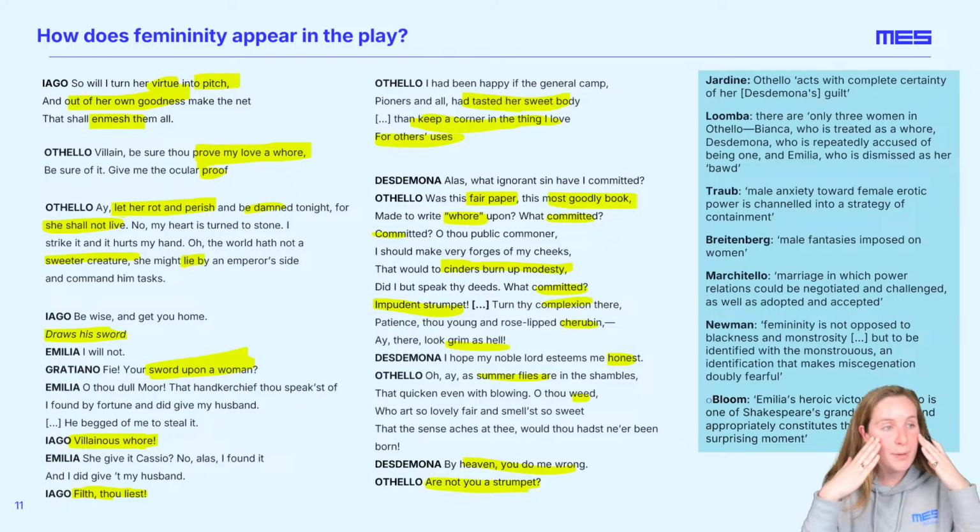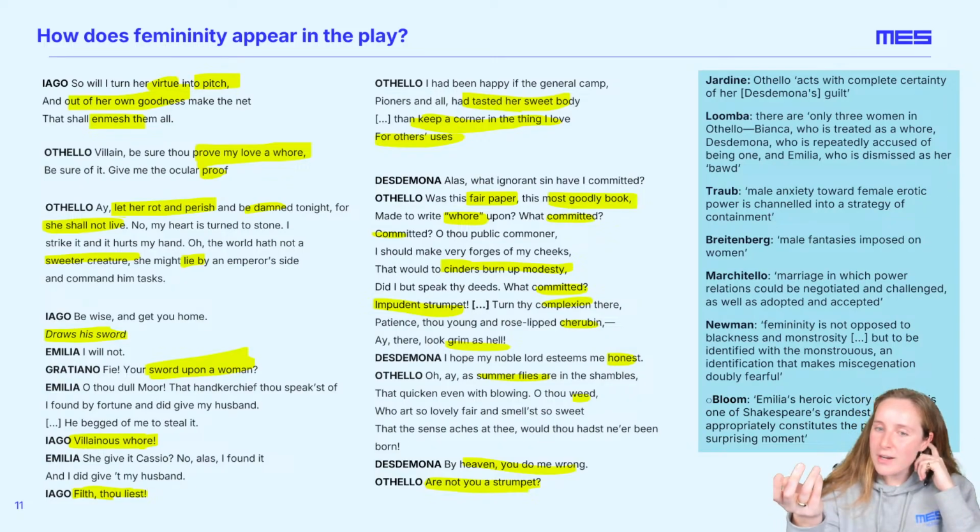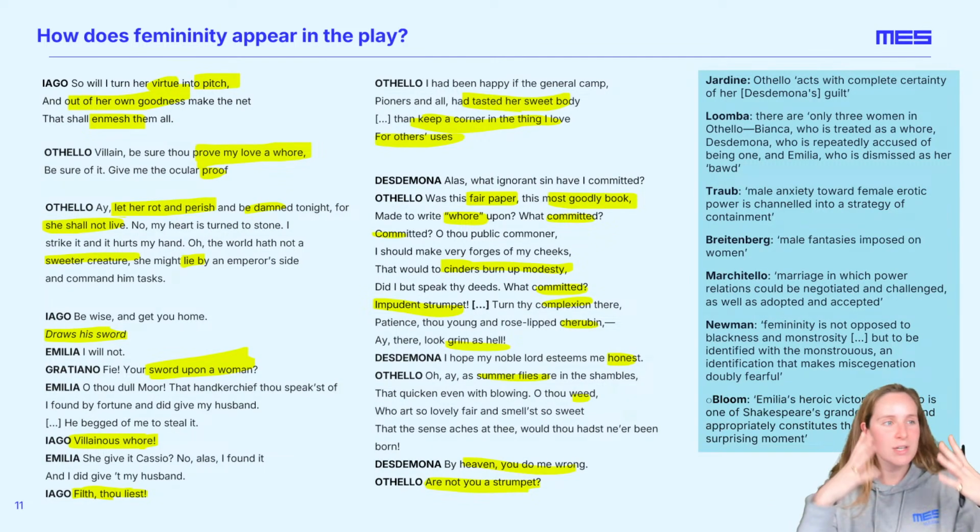My cheeks would burn with shame, would burn up to cinders if I even spoke about what you've done. How dare you even suggest that you haven't done it? Turn your complexion there. So essentially, let me see your face. You angel, you should be looking grim as hell. Your face should reflect your evil doing.